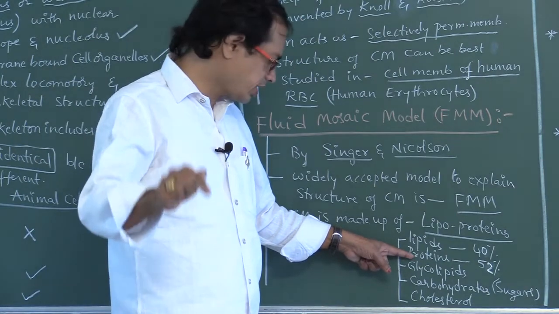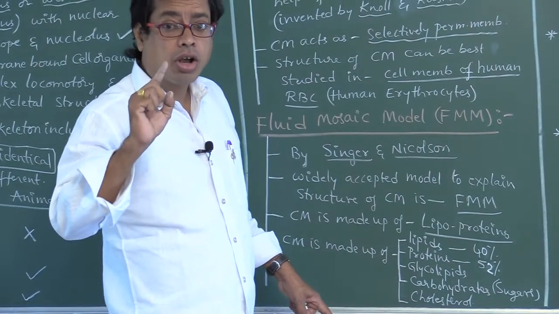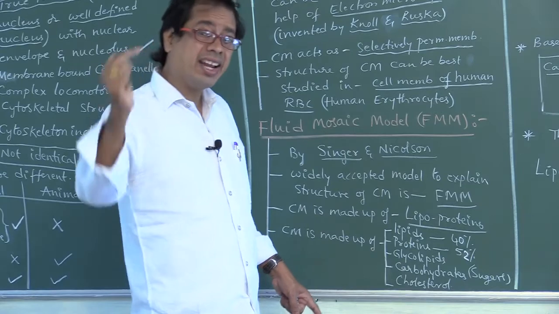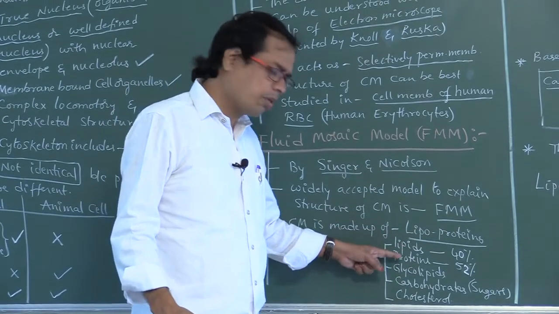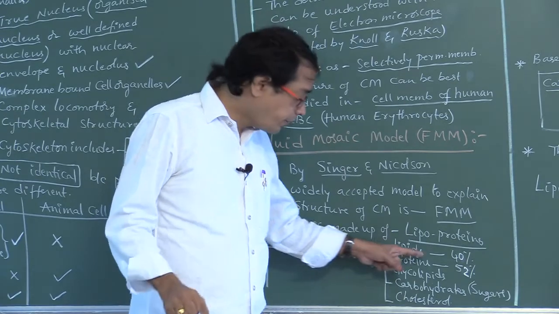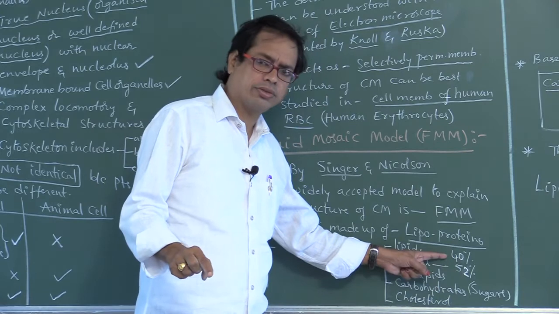The second highest is lipids. Proteins 52%, lipids 40%, isn't it?